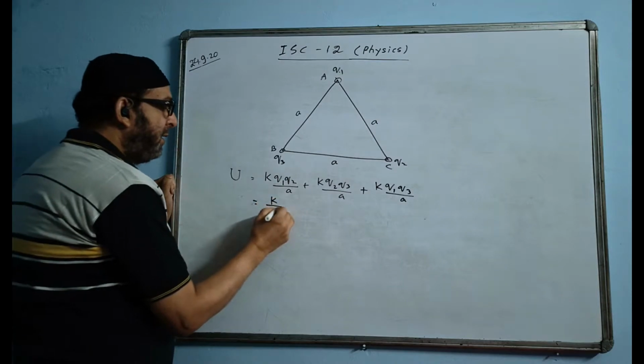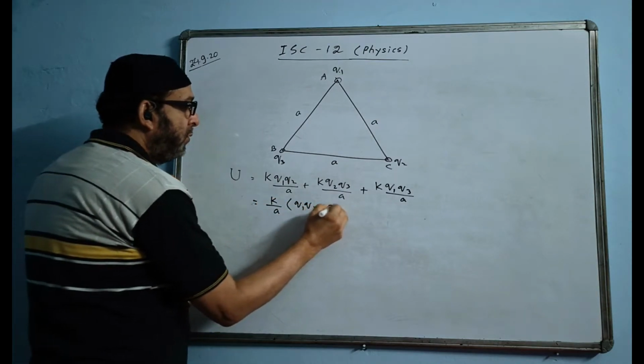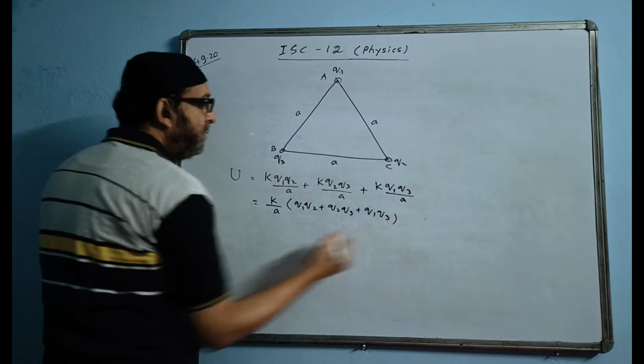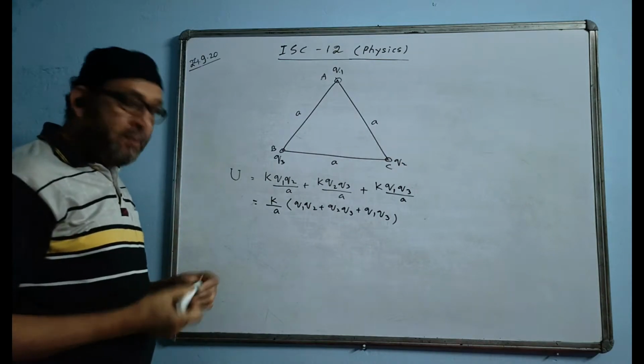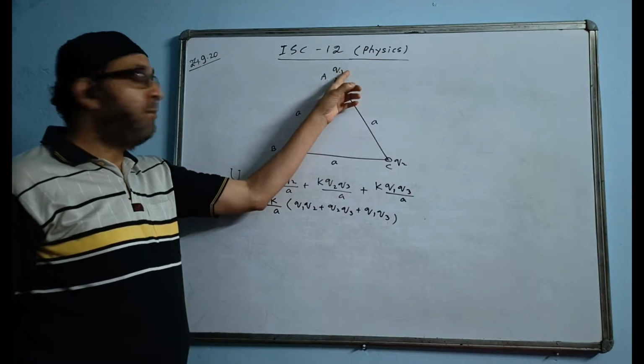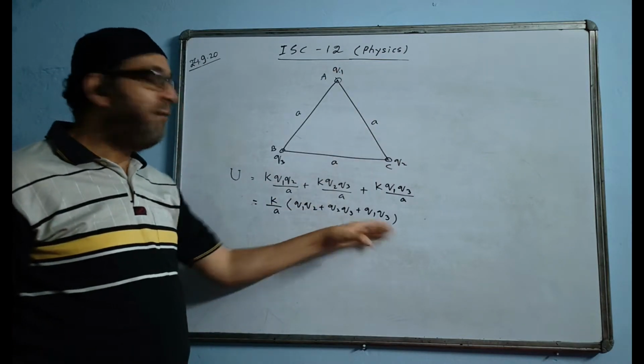You can take K by A as common, so we can write this as Q1 Q2 plus Q2 Q3 plus Q1 Q3, that is the answer. By the way, if the values are given, like plus 1 microcoulomb, now we can put those values and find the answer.